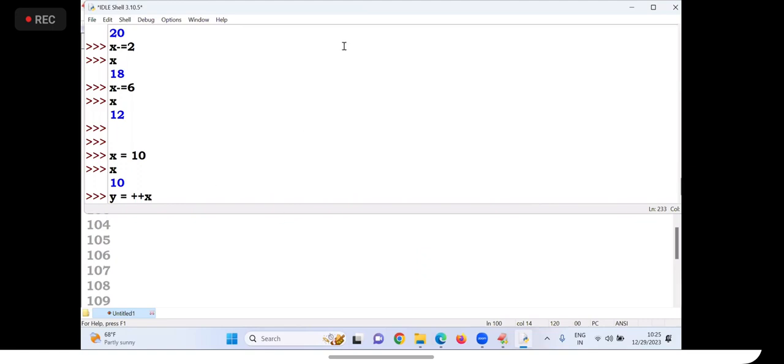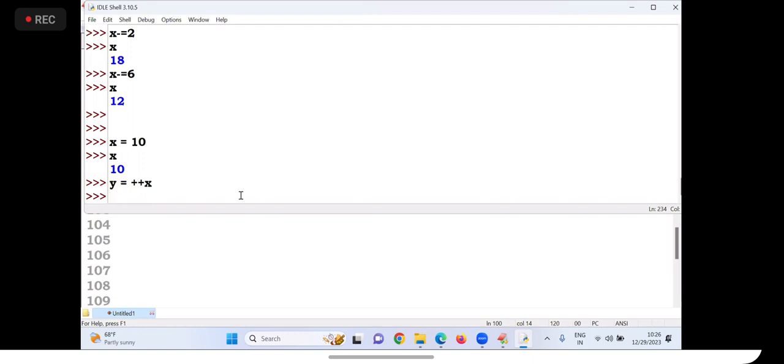Yes, correct. Valid only. It is perfectly valid. See, once I press enter, if I'm not getting any error, it should be valid, and a value is stored. What is the value of y?